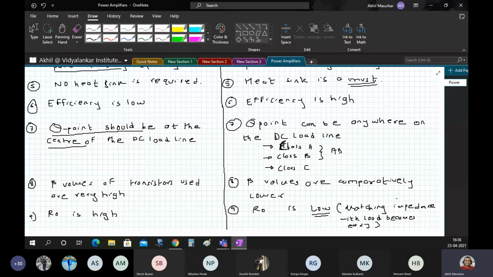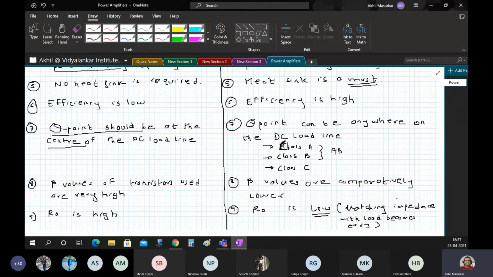So to satisfy the maximum power transfer theorem, power amplifiers have R0 which is naturally low, and that is the reason why it becomes easier for us to match impedance with the loads, thus giving us very good output powers.